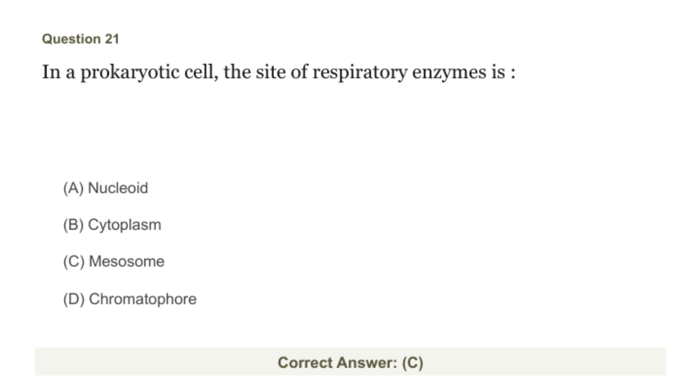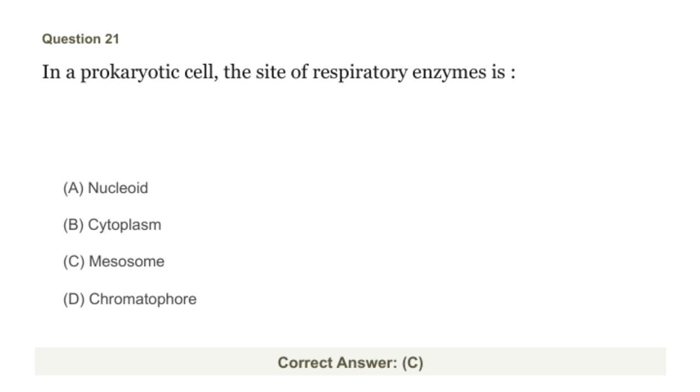mesosome. Now, the mesosome is an infolding of the plasma membrane, and it's thought to play a role in various cellular processes, including respiration. These infoldings increase the surface area, providing more space for enzymes involved in respiration to operate efficiently. So, when we're talking about the site of respiratory enzymes in prokaryotes, the mesosome is considered the primary location.